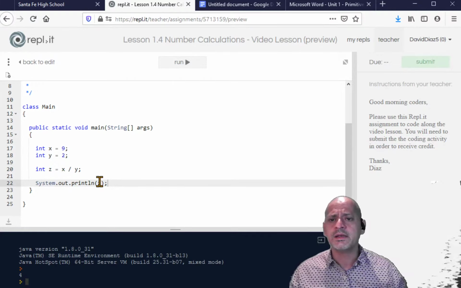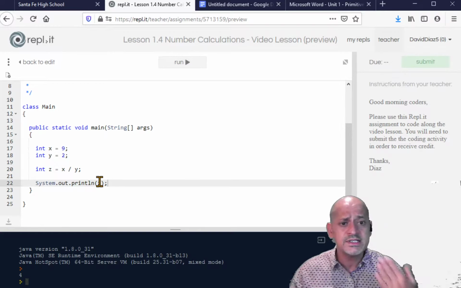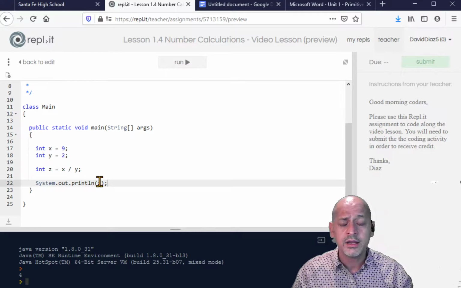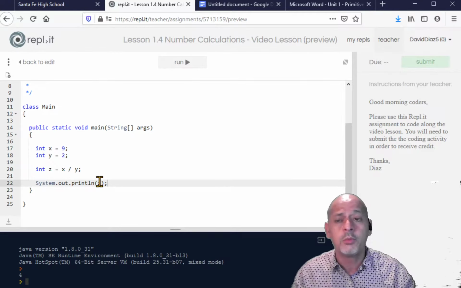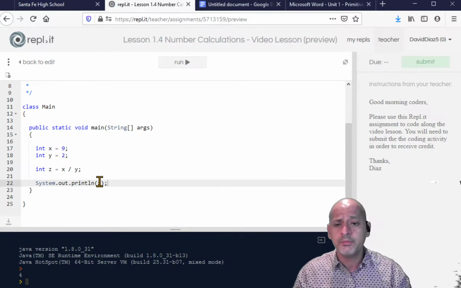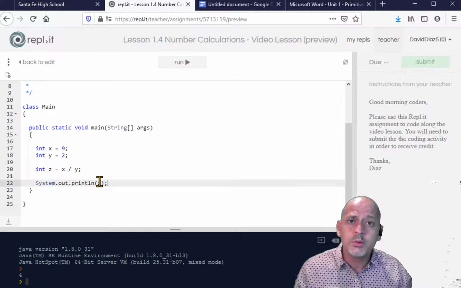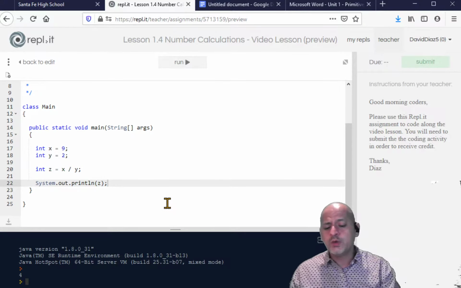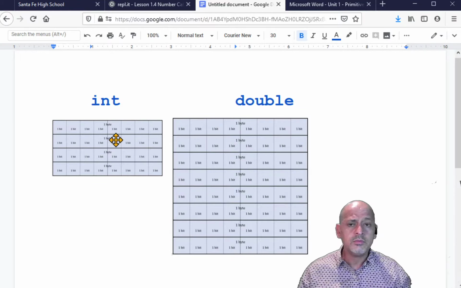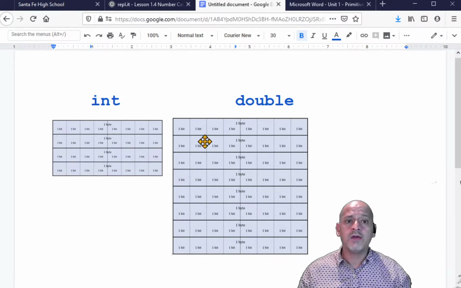So what happens? We know, ever since 3rd, 4th, 5th, 6th grade, that 9 divided by 2 should be 4.5. So have your math teachers been lying to you all this time? No. We have to be careful whenever we are working with integers, because we have integers and we have doubles.